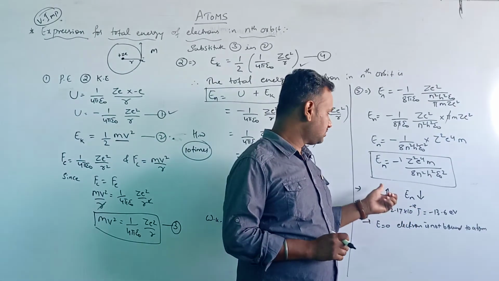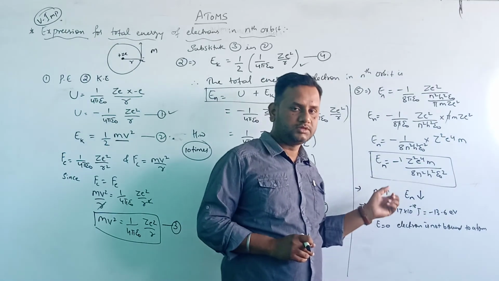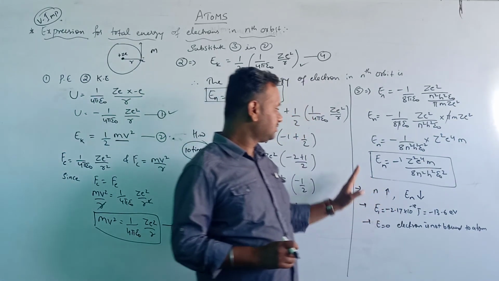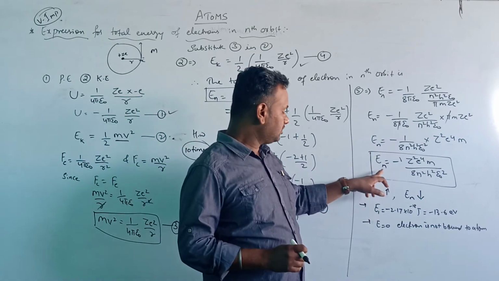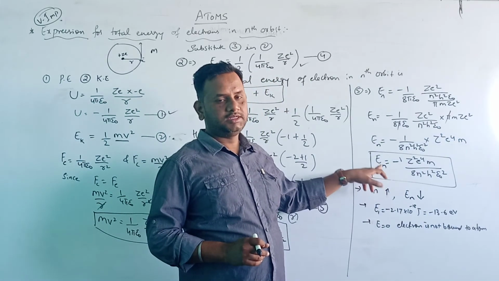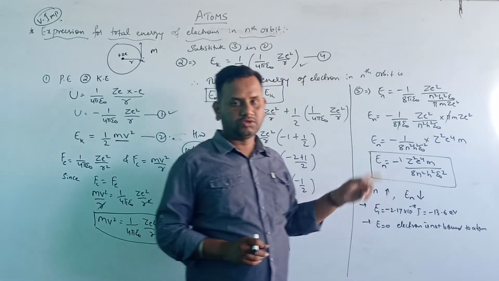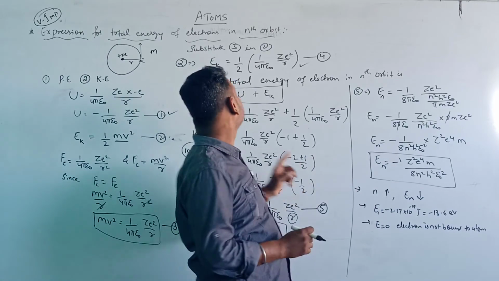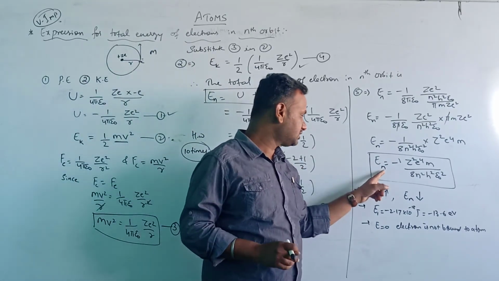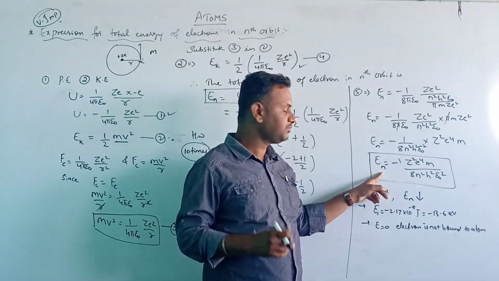And dear students, a few more points you should remember that I forgot to tell you. The above expression gives the total energy of the electron in the nth orbit, so here I have indicated En as the total energy for the nth orbit.